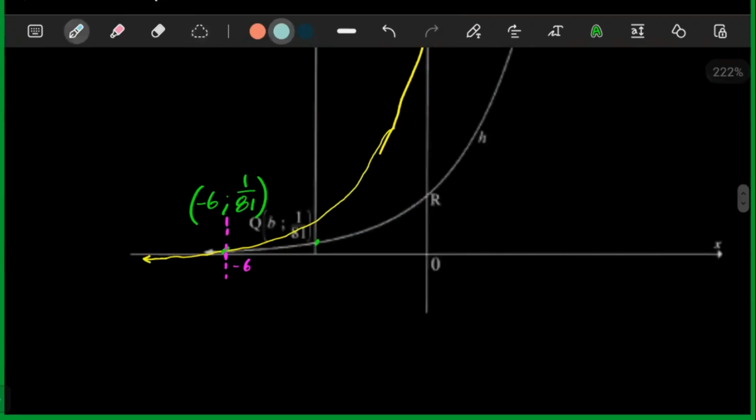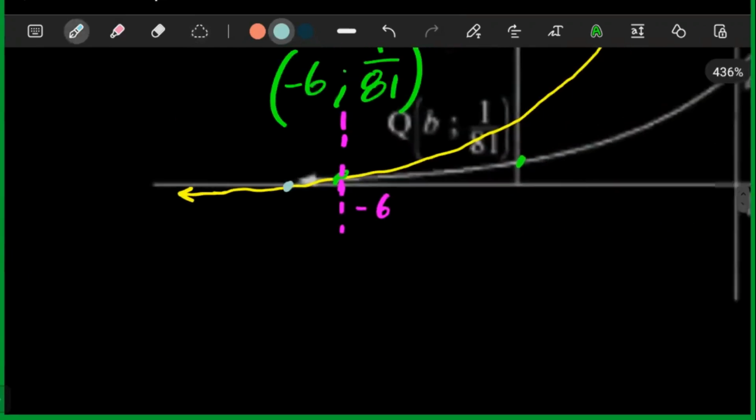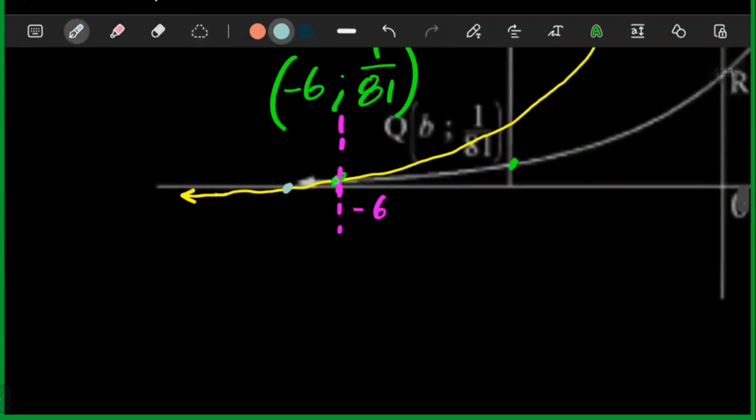If you keep moving it downwards, up until you've moved it a maximum of 1 over 81 units, it will always have an x-intercept that is below -6.